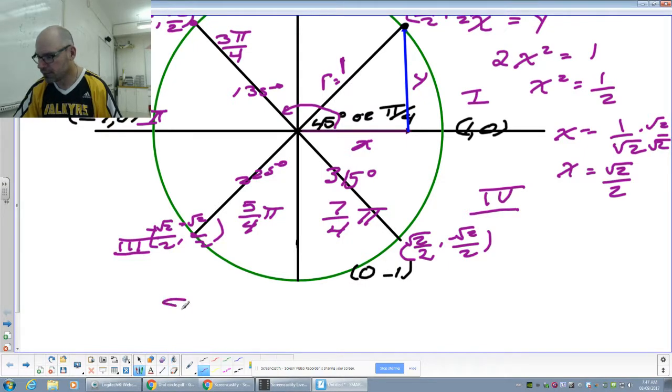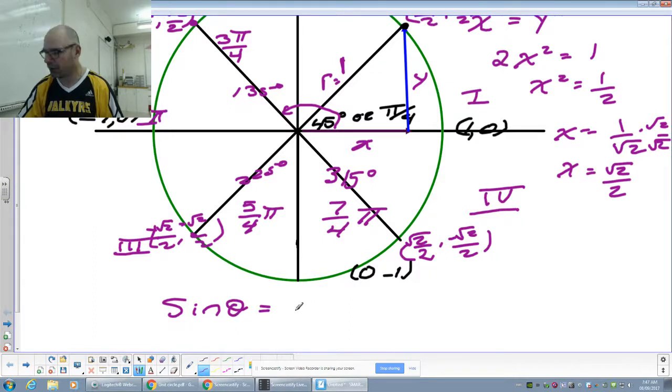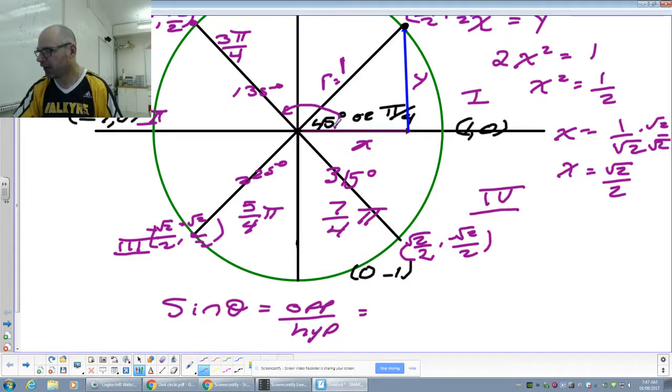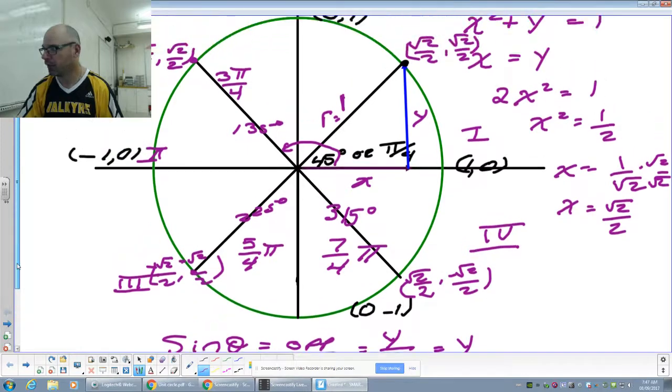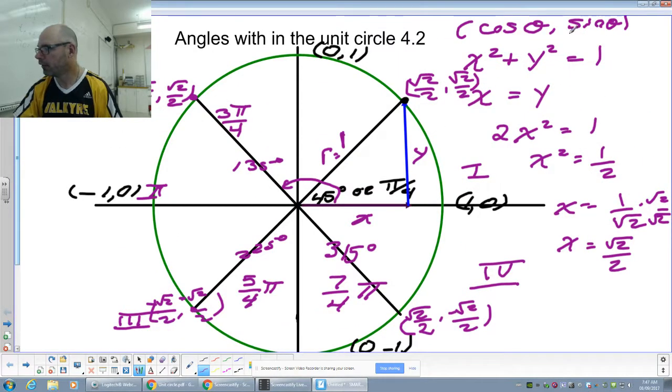Sine we know is opposite over hypotenuse. So the opposite side is y and the hypotenuse is 1. Y over 1, which equals y. So that's why sine theta equals the y point. That's why it's second here. It's the y point.